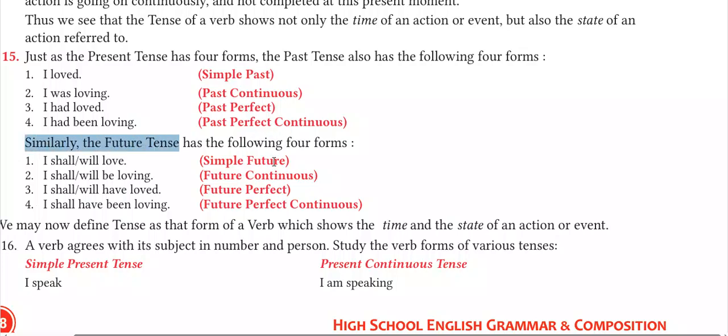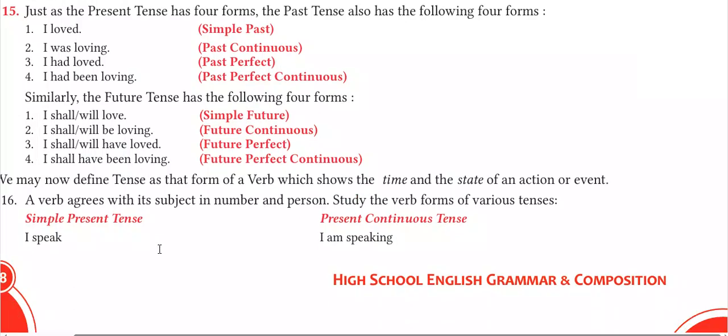Similarly, the future tense also follows the same: simple future, future continuous, future perfect, and future perfect continuous tense. So the helping verbs will be will love and shall be, and then will have with the third form, and then shall have, and will have been loving. So these are ing forms of verbs.